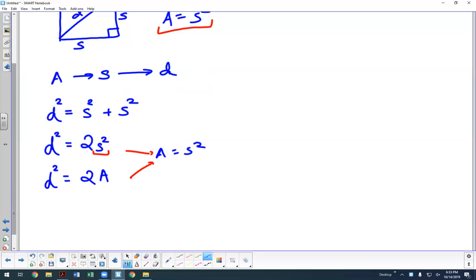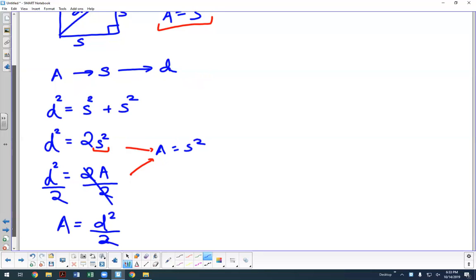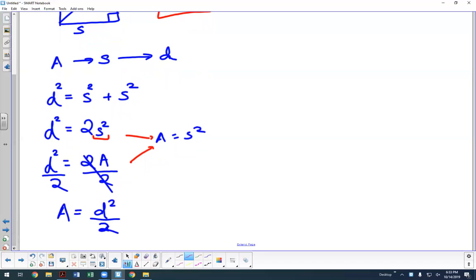A equals, well, you divide it by 2, so you get A equals d squared divided by 2. Right, very nice. Get A by itself. So you're actually going to end up getting A equals D squared over 2. So this is what they're asking us to do here in terms of our composition.